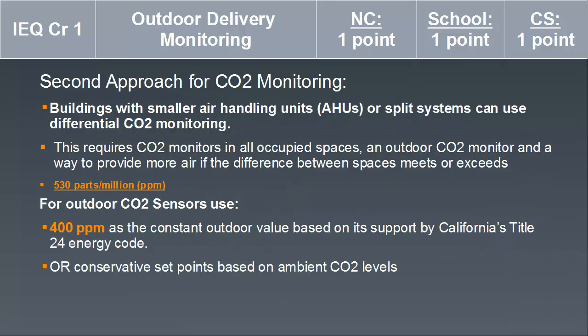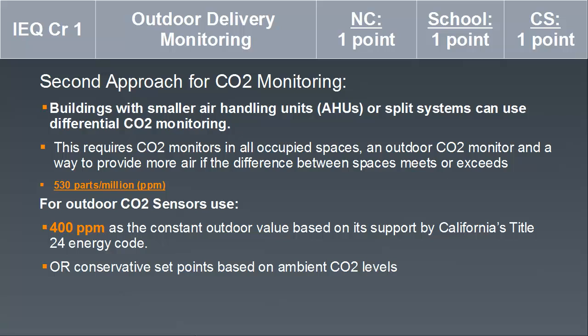A second approach for CO2 monitoring includes buildings with smaller air handling units or split systems, which can use differential CO2 monitoring. This requires CO2 monitors in all occupied spaces, an outdoor CO2 monitor, and a way to provide more air if the difference between spaces meets or exceeds 530 parts per million.